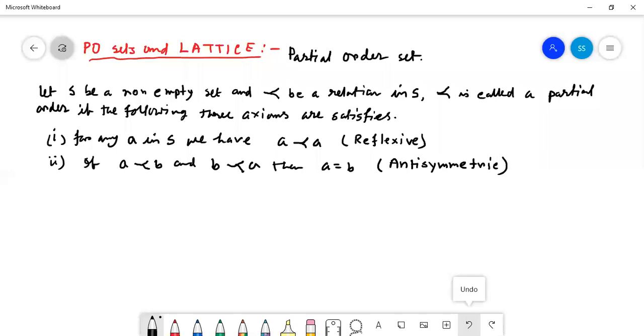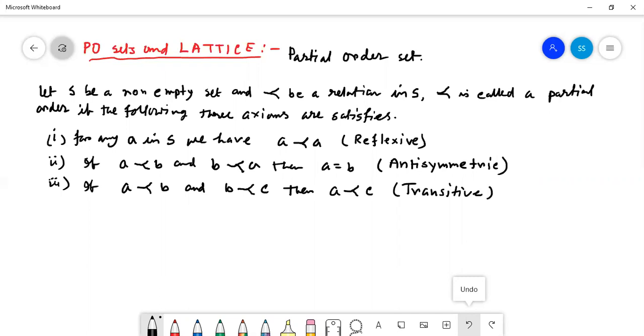Anti-symmetric relation. And number three: if A related to B and B related to C, then A related to C. This is called a transitive relation.